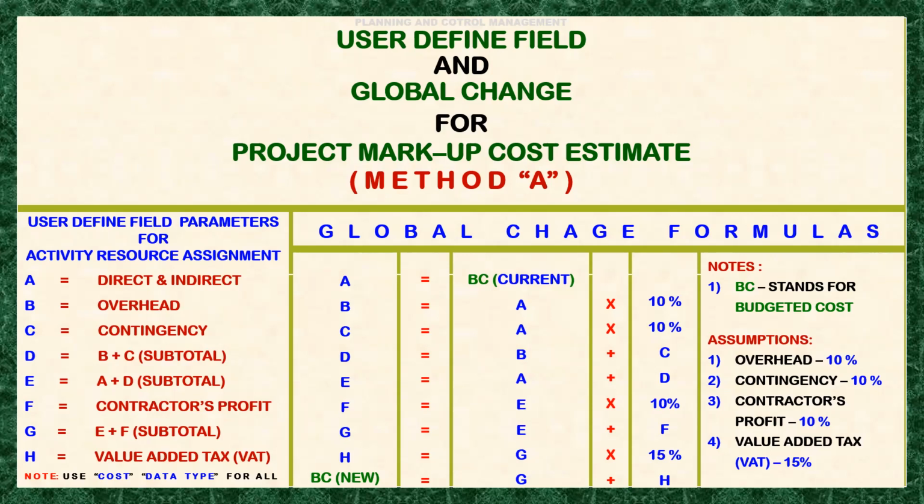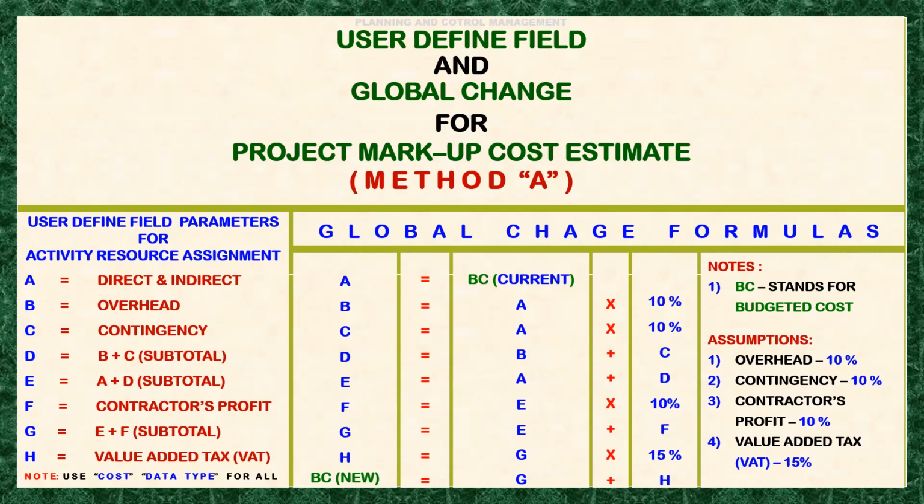So before we proceed, let's first understand the function of the Primavera P6 global change feature. Global change is useful in making changes, modifying, editing, and assigning project activities, properties, resources, resource assignments, expenses, values, and other elements in a selected group at one time. It can even be used for calculation, as we will be doing right now.